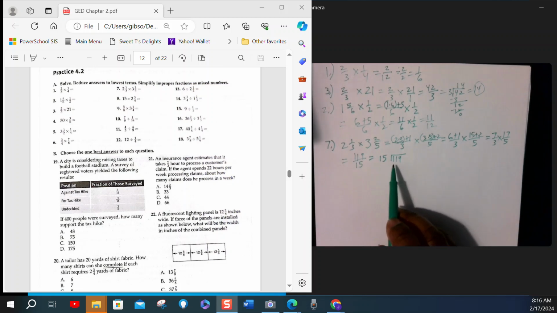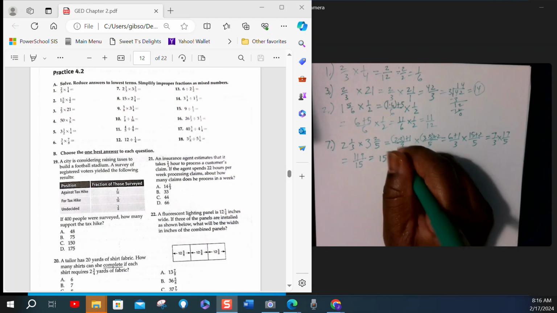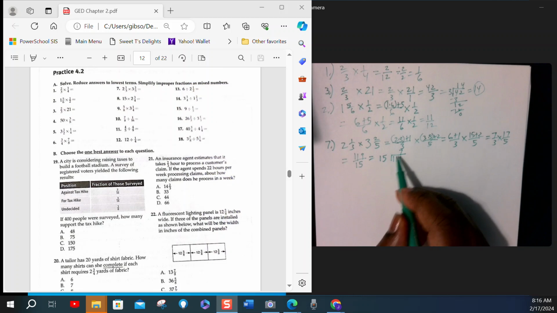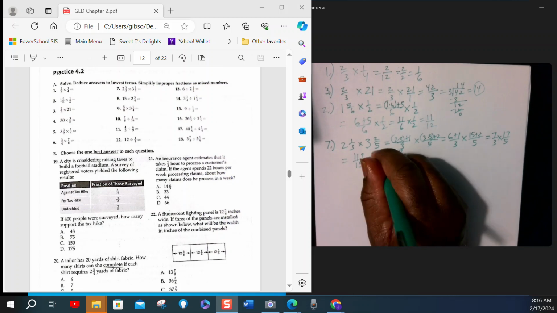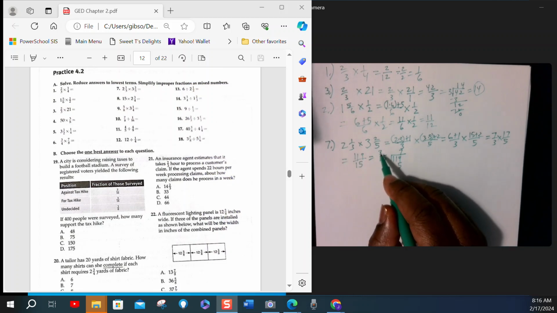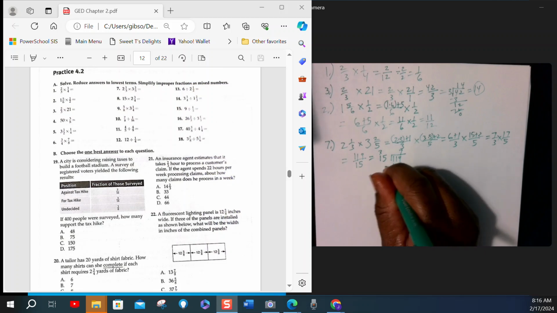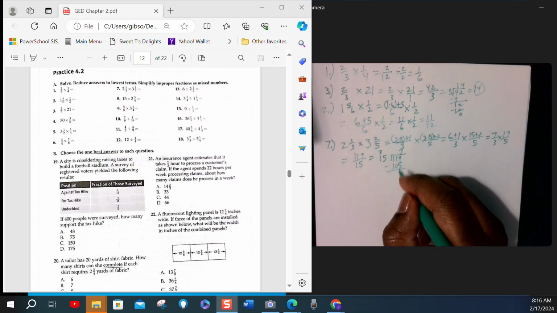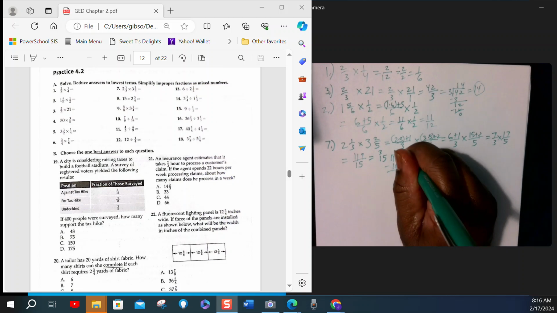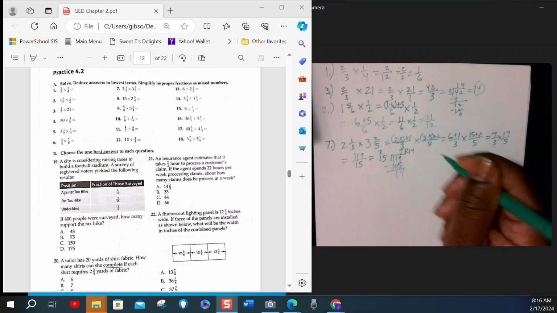So 15 goes into 1 0 times, 15 goes into 11 0 times, 15 goes into 119, that would be 7 times. 7 times 5 is 35, carry a 3. 7 times 1 is 7 plus 3 is 10. So 119 minus 105 is 14. So you have a remainder of 14.